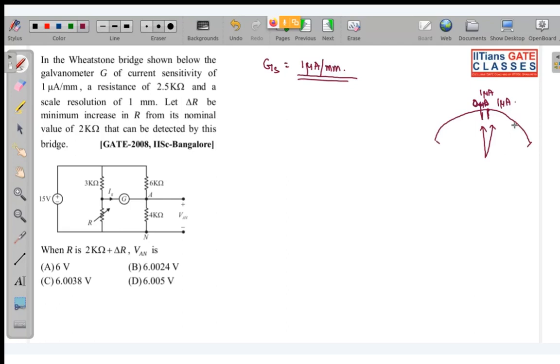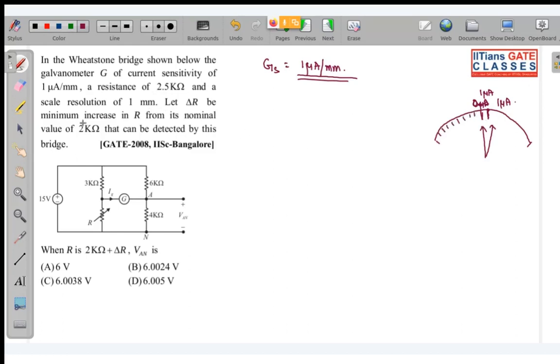Because here you can see the sensitivity is 1 microampere per mm, so you are measuring in terms of mm. That means in this scale the minimum that you can measure is 1 mm. For 1 mm you are measuring 1 microampere. Scale resolution means all these markings, so there can be only a change of 1 mm.